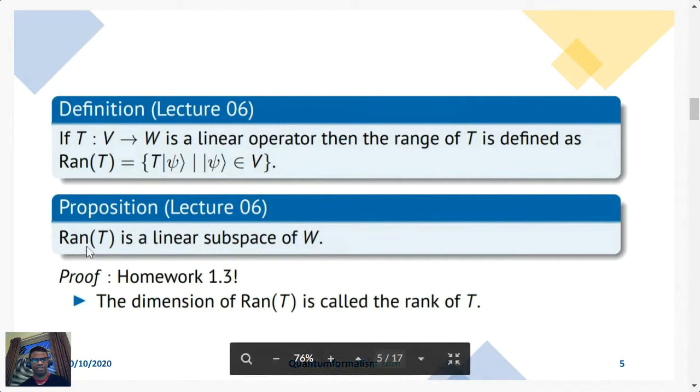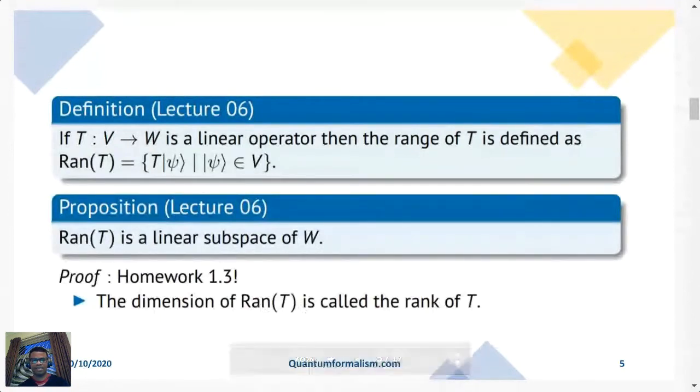The dimension of the range is called the rank of T. We also discussed that this concept of rank coincides with, when you take T to be a matrix operator, the notion of rank that some of you might have heard of in elementary linear algebra. Okay.